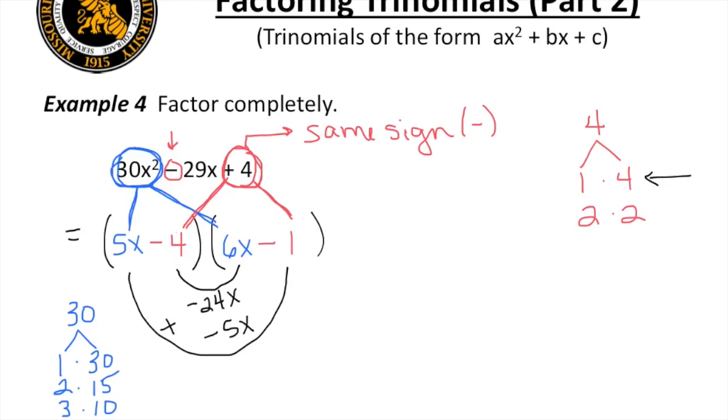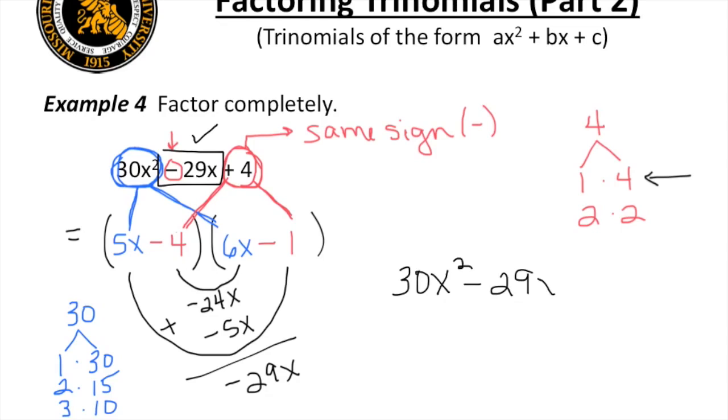If we add those two terms together, notice we get negative 29x. And negative 29x is exactly what we wanted to get. So the factored form of 30x squared minus 29x plus 4 is equal to 5x minus 4 times 6x minus 1.